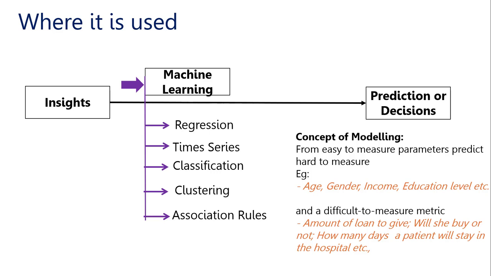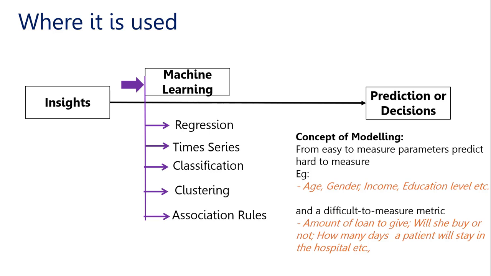I can't give 100 million or 200 million to the person. It all depends upon his income and also his background. And even if I give, what is the safest amount that the person can repay? Those are all questions which the model will help us answer. So that's what it means.